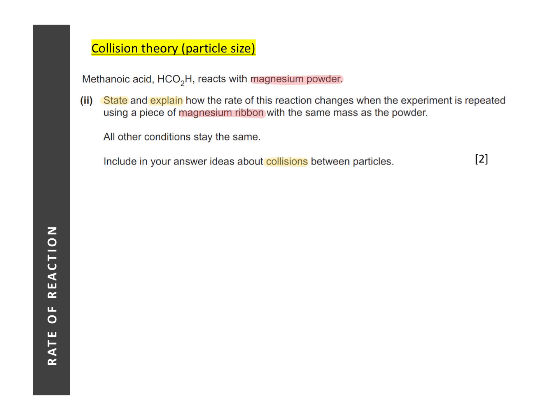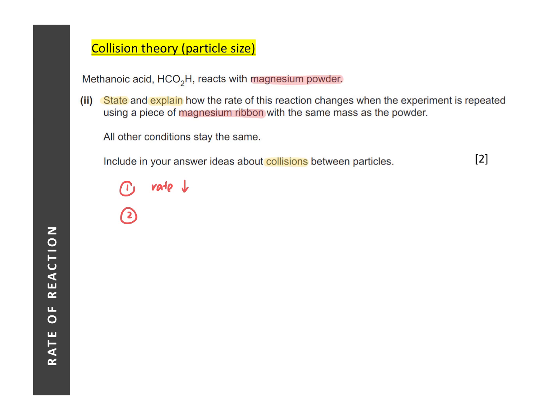To state what happens to the rate of reaction, I think this is simple. When we replace powder with ribbon, it's very obvious that your particle size increases, so therefore the rate would decrease. And then how do we explain that using collision theory?